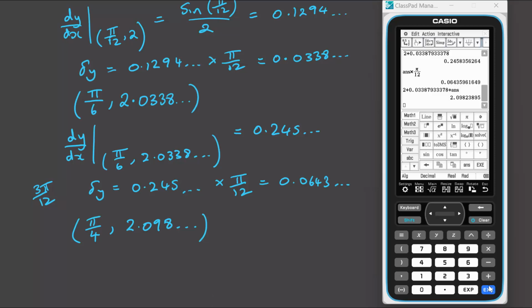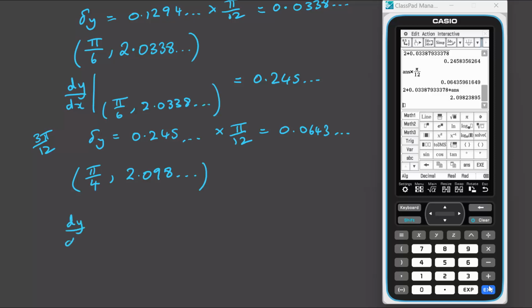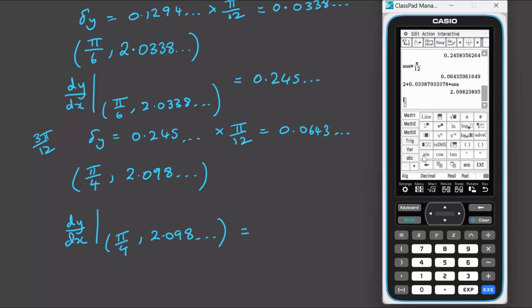Okay, so next step, dy/dx at pi by 4, 2.098 is going to be the sine of pi by 4 and divide that by this, and we get 0.337 and so on.